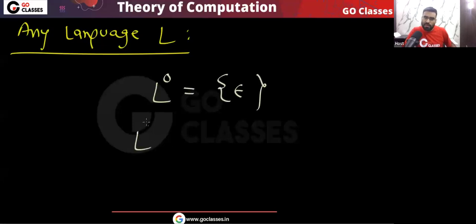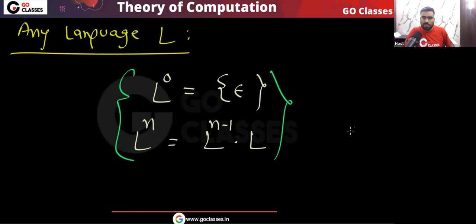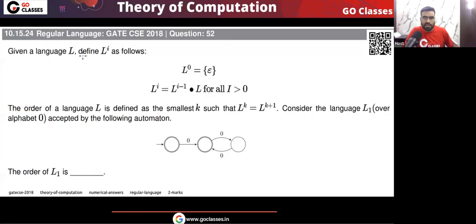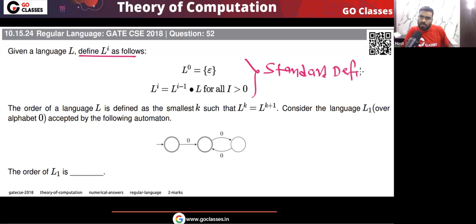And L power n is L power n minus 1 dot L. Very simple point. The same thing is given here, the definition of L power i. This is the standard definition.